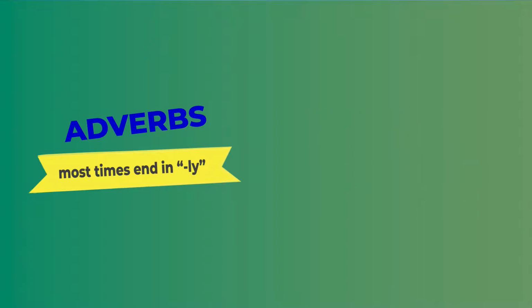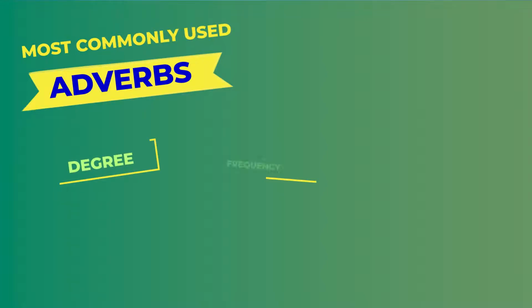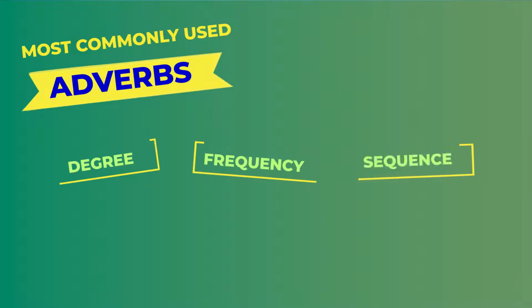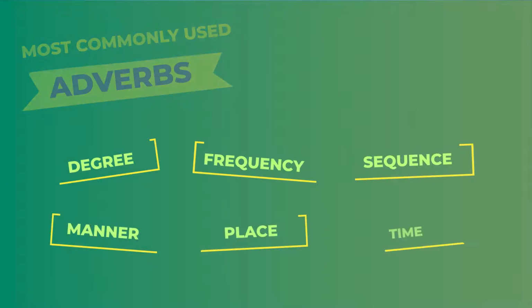We have several types of adverbs in English. The most commonly used are adverbs of degree, frequency, sequence, manner, place, and time.